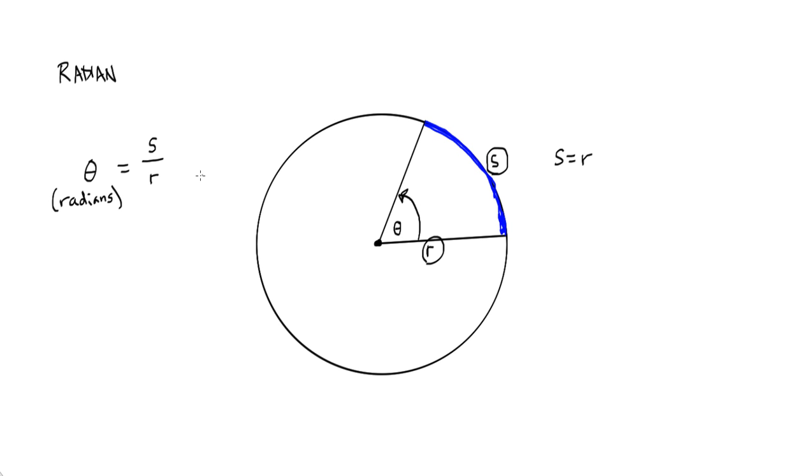So I hope you can see that if S and r are the same, as I've discussed right here, if S and r are equal to each other, we have a fraction that's equal to 1. So we have 1 radian of angle measurement.